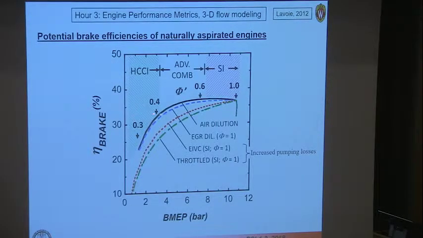HCCI engines, on the other hand, can only operate up to a certain equivalence ratio, beyond which the pressure rise becomes so intense that you can destroy the engine. You have homogeneous combustion everywhere in the combustion chamber. If you have too much fuel burning all at the same time, the pressure rise rate becomes unacceptable. So that's the range of those engines.